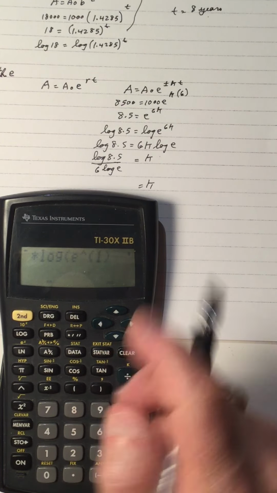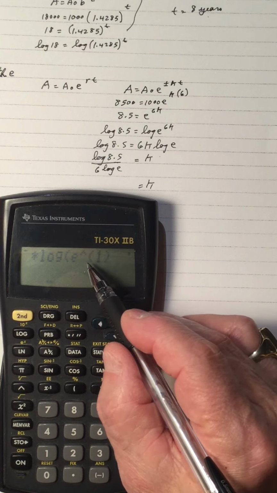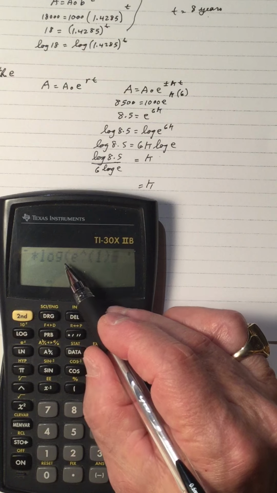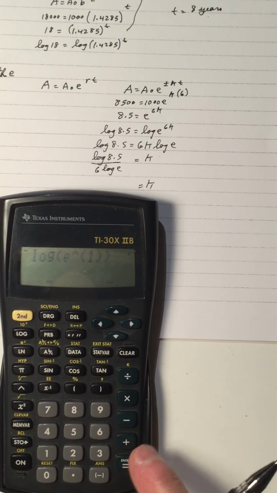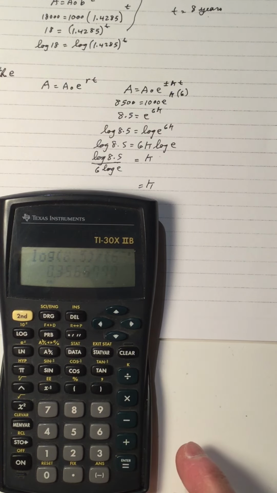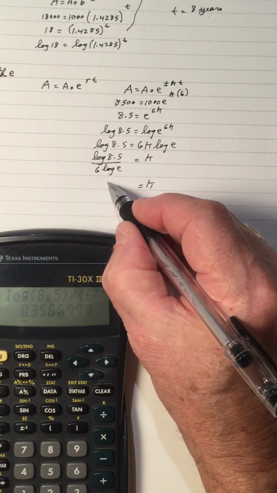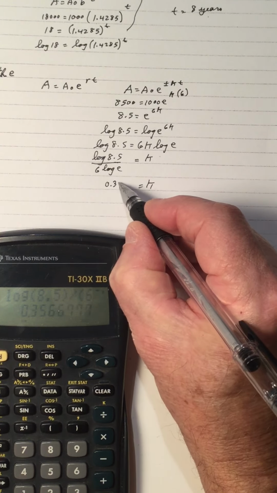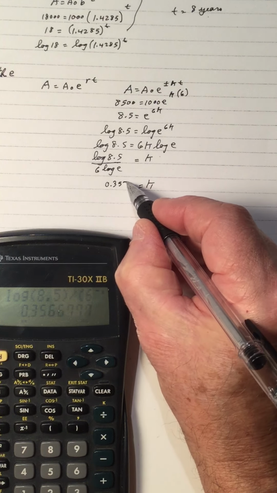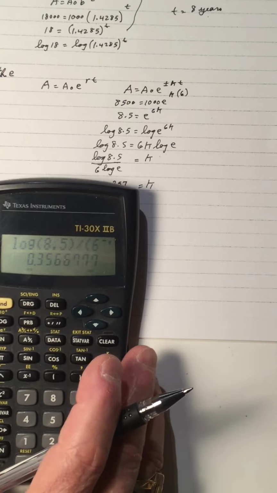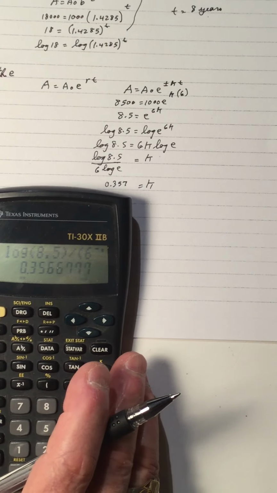I put a bracket to close off this 1. Now I have to put another bracket to close off the log. When I get that done, it gives me K is 0.357. So that's what K is.